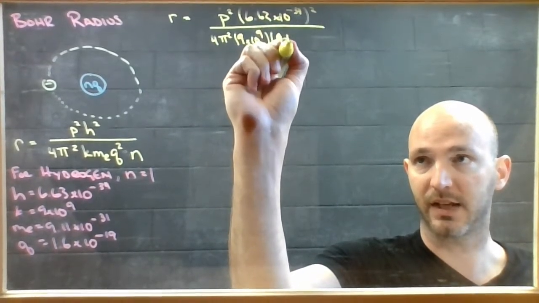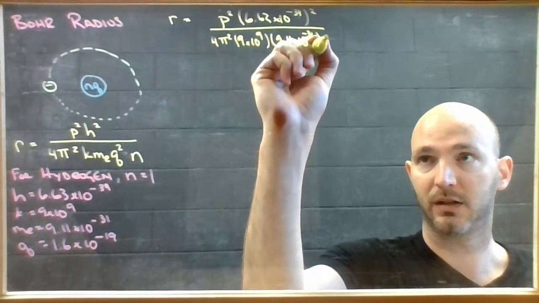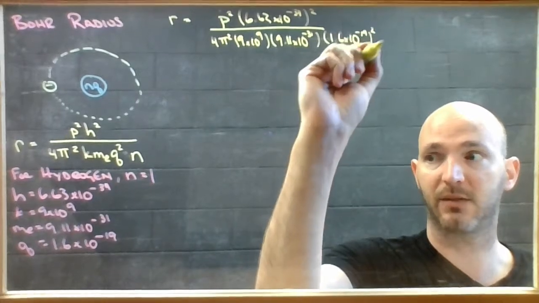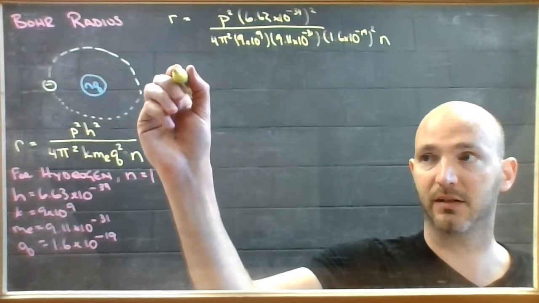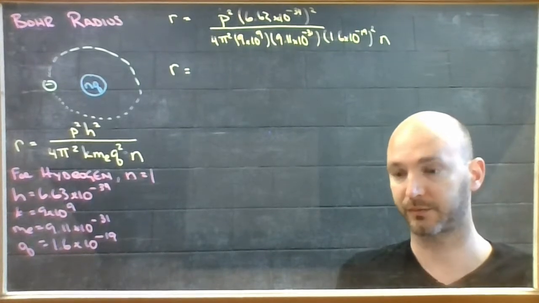Mass of the electron is 9.11 times 10 to the negative 31. q is 1.6 times 10 to the negative 19. I'm going to square that one, and then I have this n down here. So r equals. Okay, here we go.